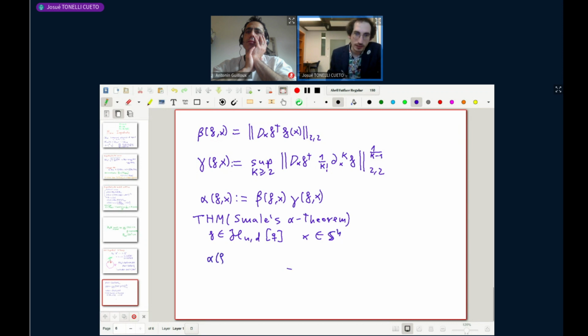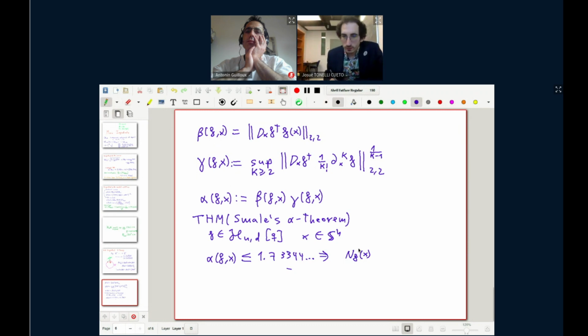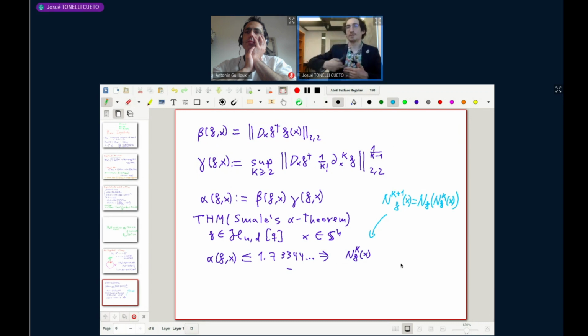Then what it says is that if this is less or equal to 73344, whatever this is, then this implies that these, let me recall that this is defined as, this is just me taking k iterations of Newton's method, will converge to the zero set of f.